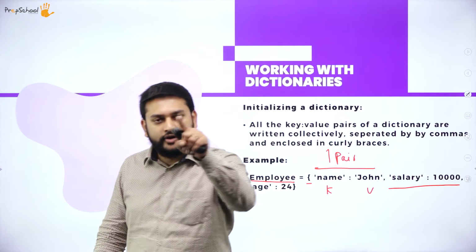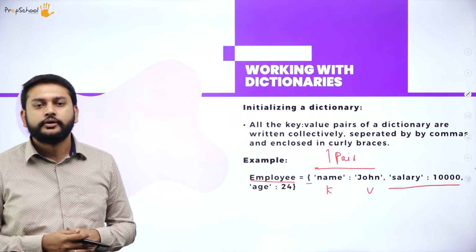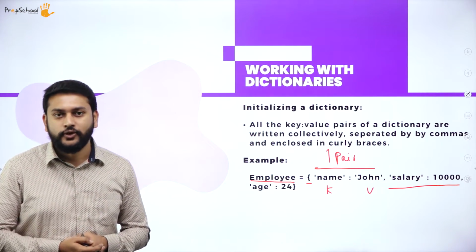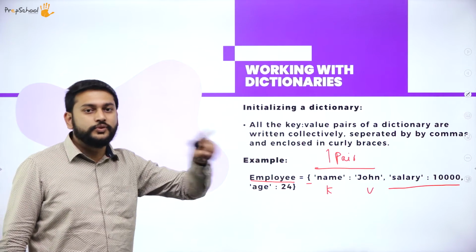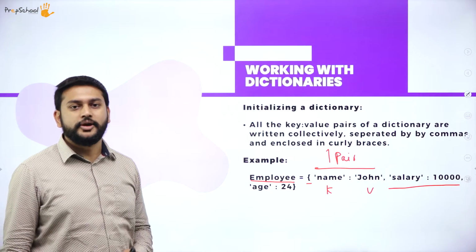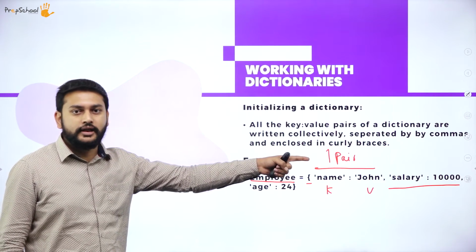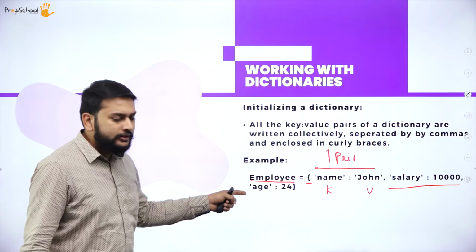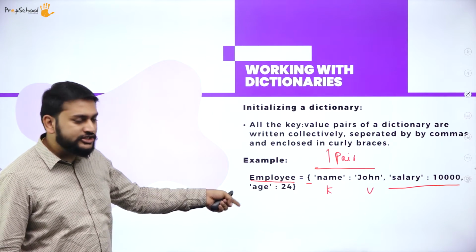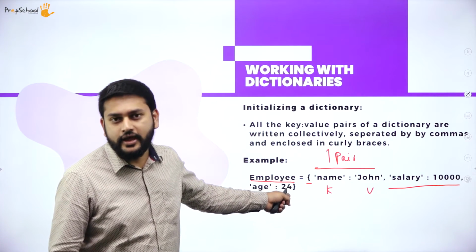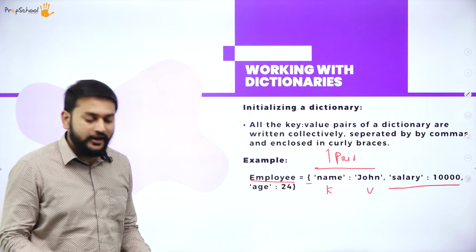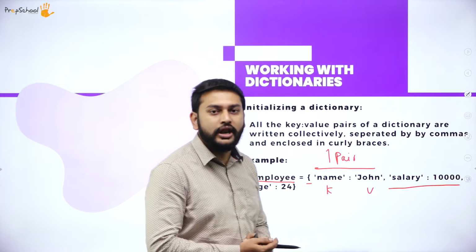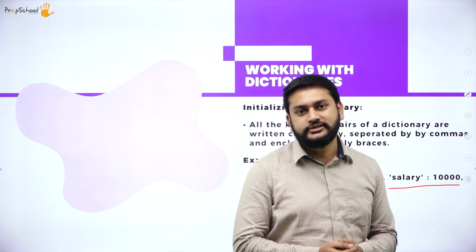Of course I don't have to enclose it with quotes for integers. Only for strings will I do it. Apart from strings, I will not be enclosing with quotes, and that is what you need to remember. That's why I intentionally took that example. After that I have the third pair, which is age, and I have given the age. Then I close it with a curly bracket. This is how I will be initializing the dictionaries.